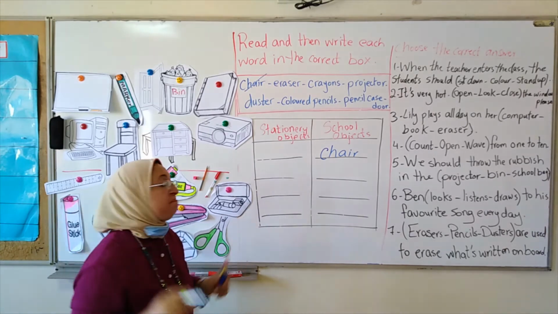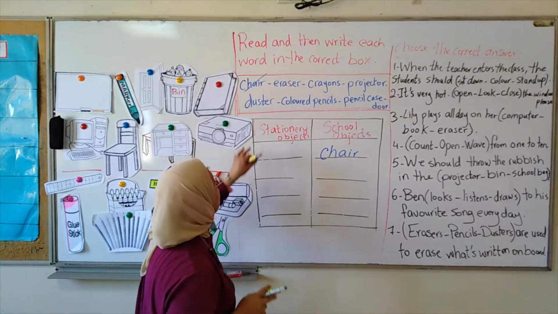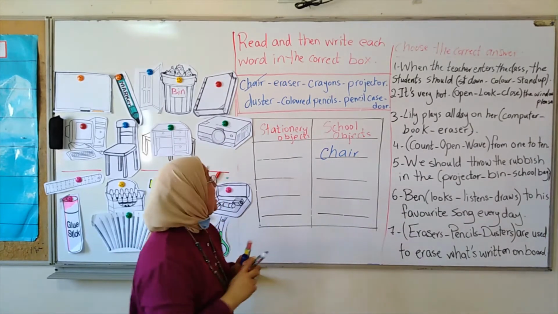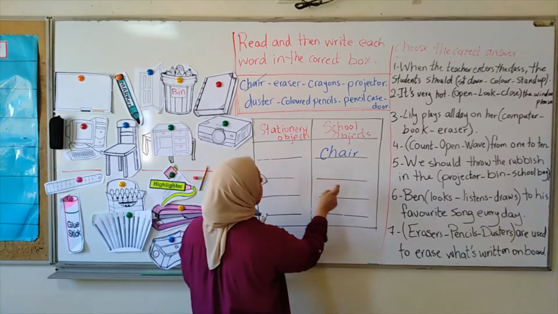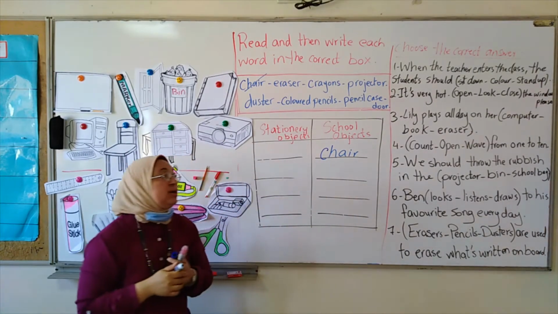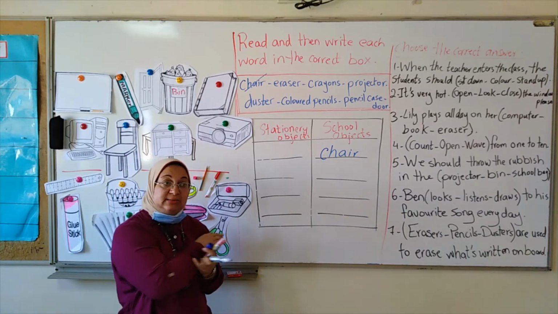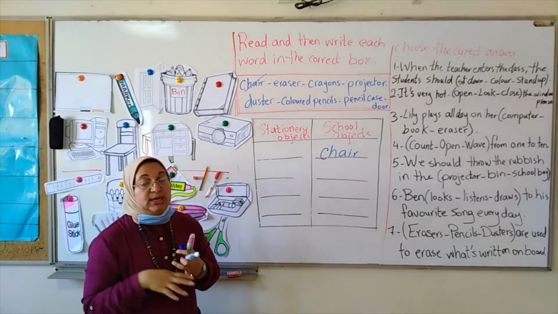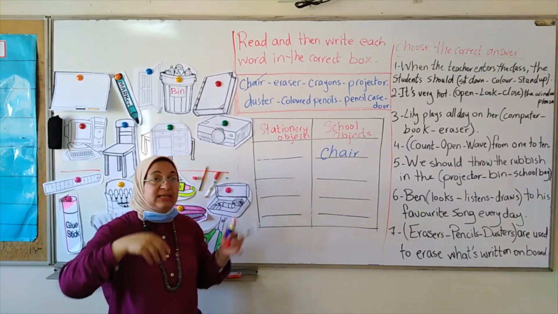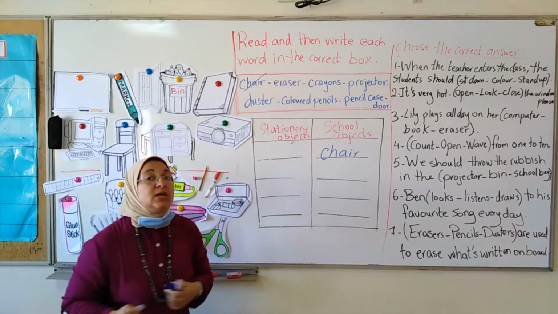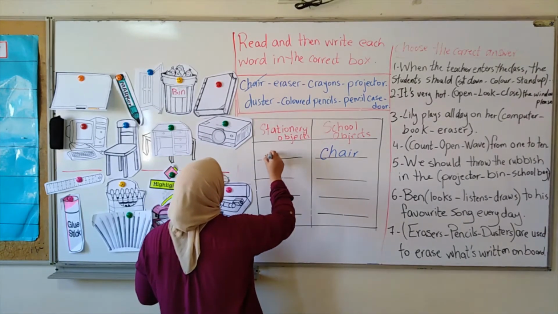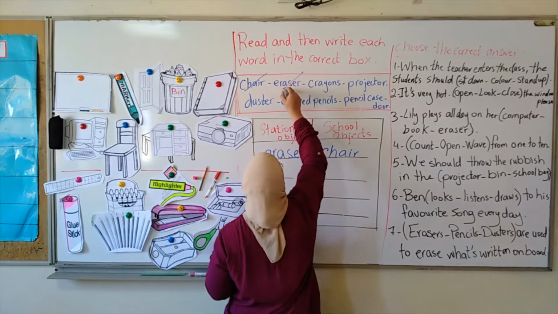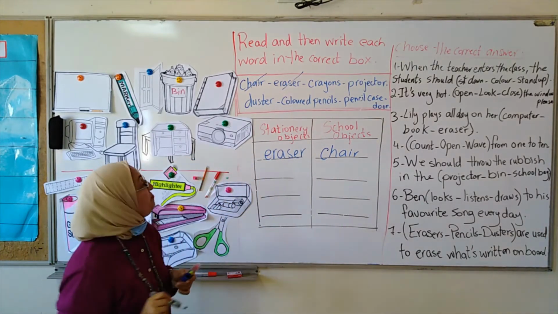The second word is eraser. Is this a stationary object or a school object? Can I put the eraser inside my pencil case? Yes. So it's a stationary object. Anything I put inside my pencil case is a stationary object. So I'm going to write eraser here, and then cross it out as we said.